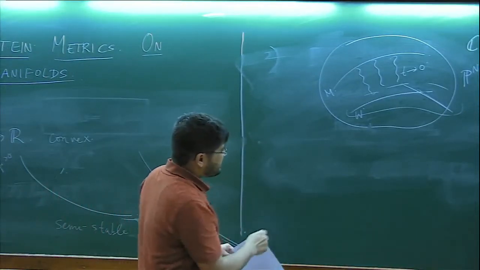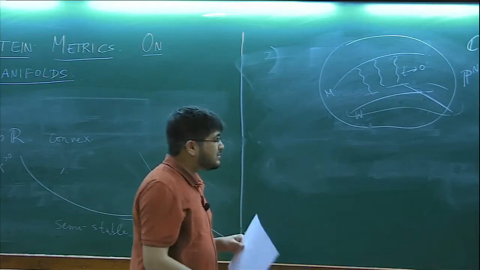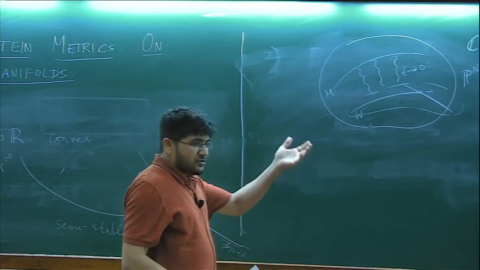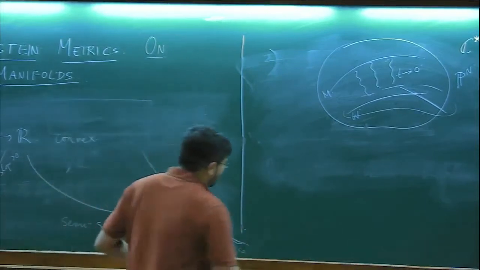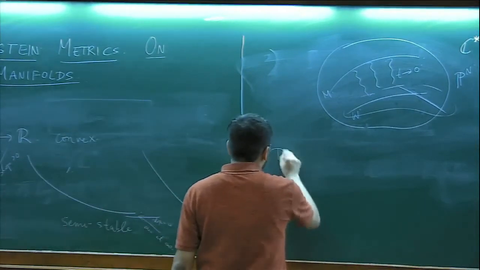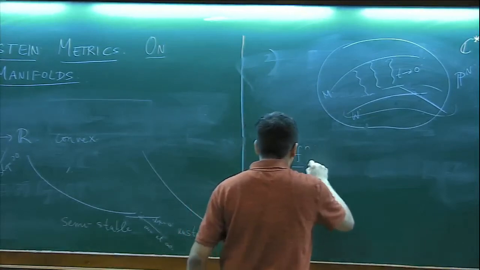So let me maybe give you the formal definition. It's a bit technical, but I'll give you basically the canonical example that you can work out in this situation. So let me give a definition.